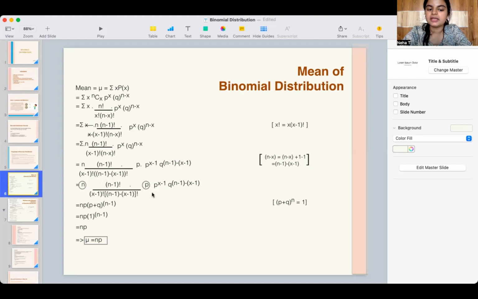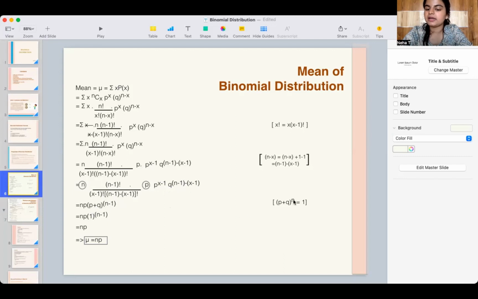After that, the remaining whole part is (n minus 1) factorial by (x minus 1) factorial, (n minus 1 minus (x minus 1)) factorial, into p^(x-1). This p, we can write as p^1 into p^(x-1). So the remaining will be, if p is taken out that side, p^(x-1) into q^((n-1)-(x-1)). So this will be taken as (p plus q)^(n-1).